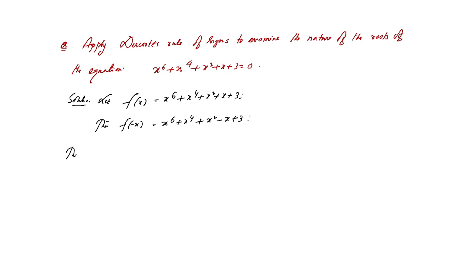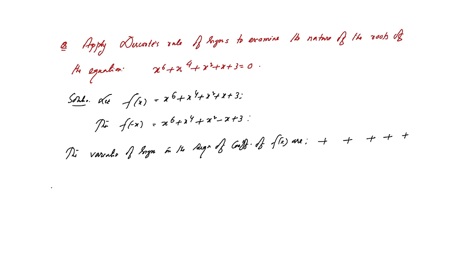Now you will check the variation of sign in the sequence of coefficients of f(x). This is basically plus, plus, plus, again plus, again plus.